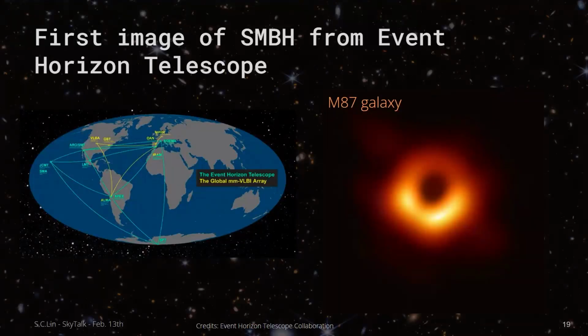It's not something really fancy, but we are really excited to see this, because even though the supermassive black hole is really large in size, compared to the size of a galaxy, compared to the size of our universe, they are actually really, really tiny.